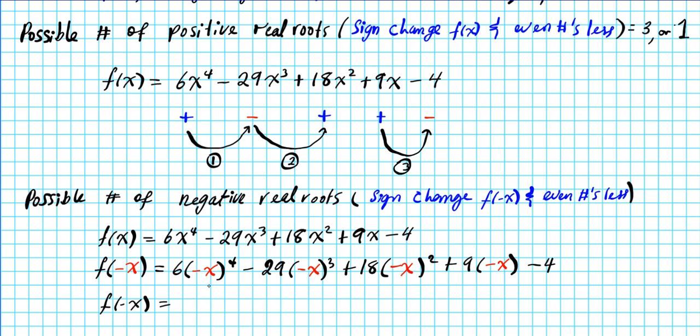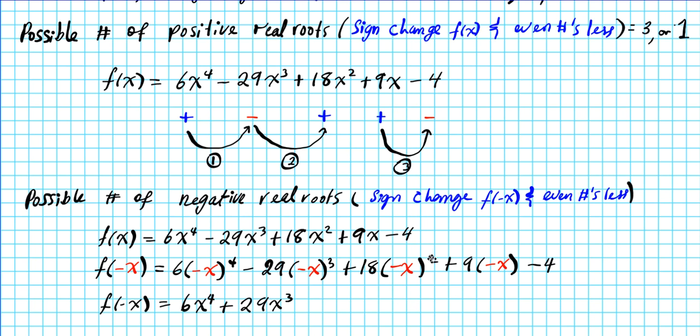We have two pairs of negatives, they pair up and cancel each other out, so we have 6x to the fourth power. And then we have this right here. If you raise a negative number to an odd power, you still end up with a negative sign. So if we multiply that negative with this negative right here, we have positive 29x to the third.